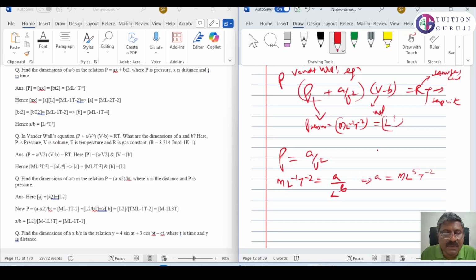Again, from this, we can say b is equal to v, so b is equal to L cube.